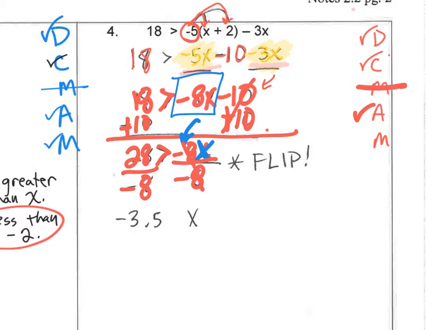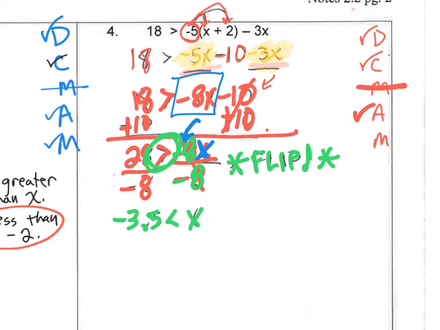Now in my class, whenever they see something divide by negative 8, I set an alarm off just to remind them. So for those of you that are watching the video, this is about to get really loud. So we're dividing by negative 8. And what should happen in your head is you should hear, woo, woo, woo, flip the inequality. So when I divide by negative 8, I get negative 3.5, but this inequality has to switch or flip because I divided.